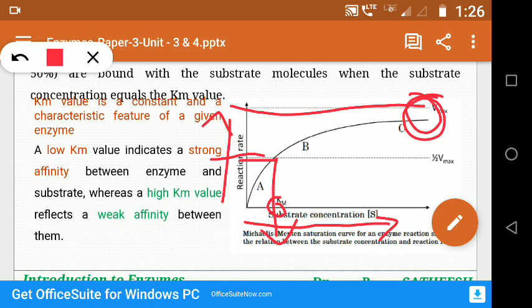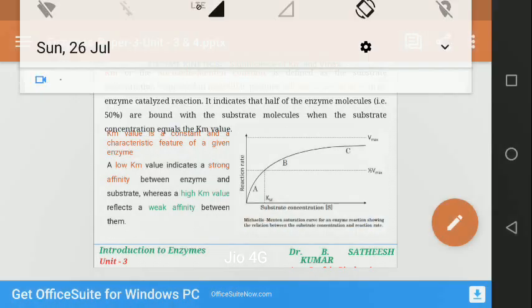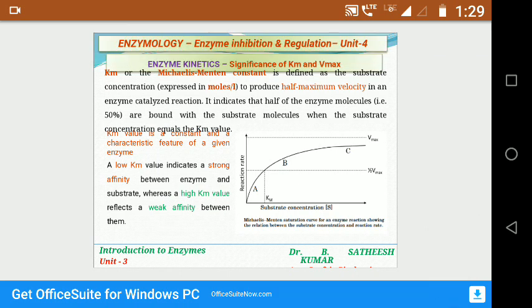So Km is the substrate concentration at which the velocity of the enzyme reaction is equal to half of maximum. So using this substrate saturation curve, we can find out what the Km value is for a particular enzyme. For each and every enzyme, a separate Km value will be there.